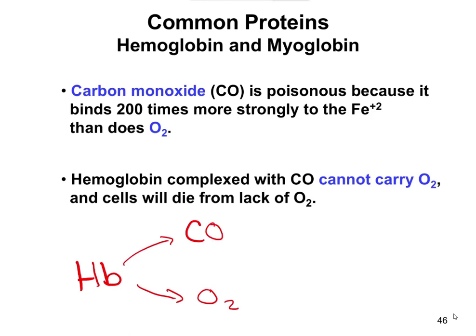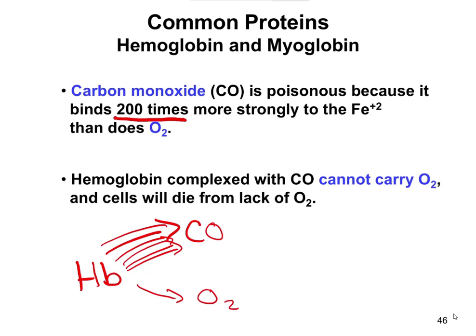Carbon monoxide binds much better than oxygen. So if carbon monoxide is around, hemoglobin would prefer to bind to it, right? You can see up here in the slide, it binds 200 times more strongly to iron than does O2. Hemoglobin has an iron in it, and that iron will preferentially bind to the carbon monoxide if it's around.